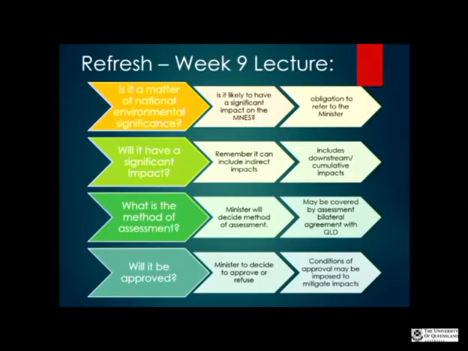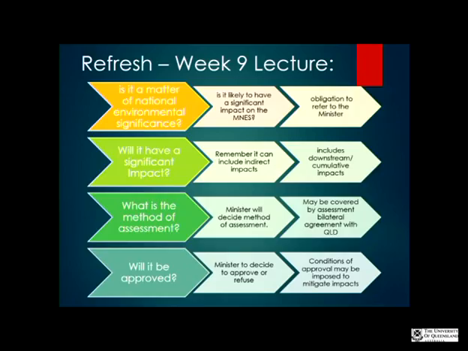What's the method of assessment? We looked at that last week. There was a broad range of things that could be covered, all the way from a decision on preliminary documentation all the way up to a public inquiry. But you can also be covered by an assessment bilateral agreement with Queensland. And what happens if it's going to be approved?